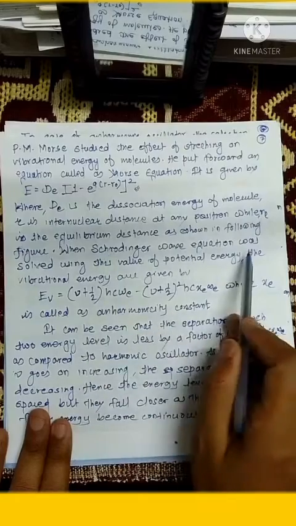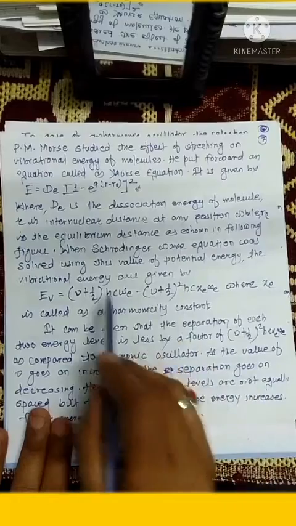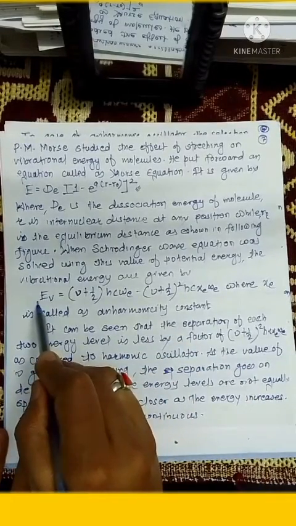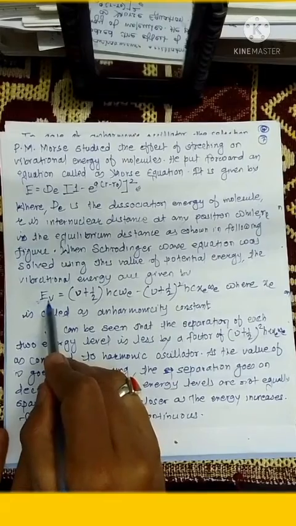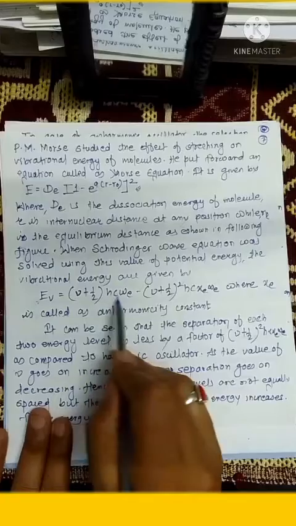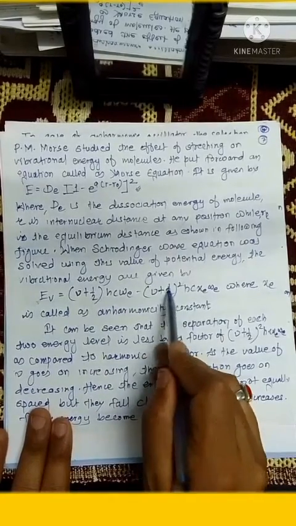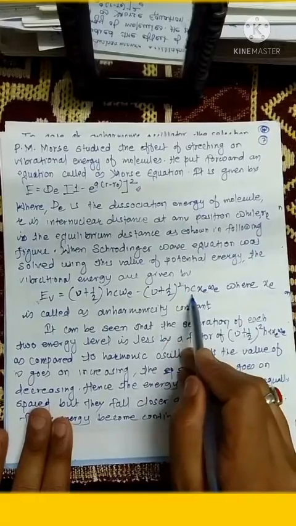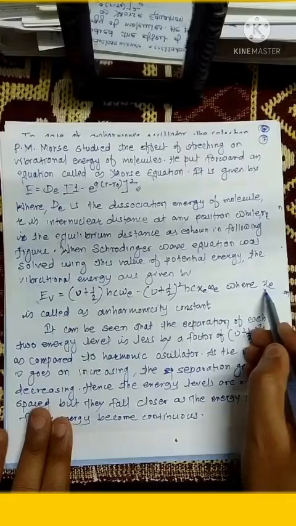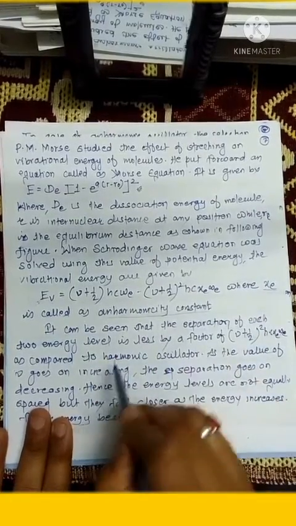When Schrödinger wave equation was solved using the value of potential energy, the vibrational energies are given by this equation, that is E_ν is equal to (ν plus half) hcω_e minus (ν plus half) whole square multiplied by hc x_e ω_e, where x_e is called anharmonicity constant.